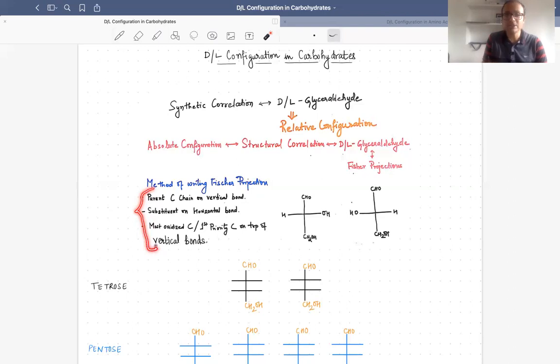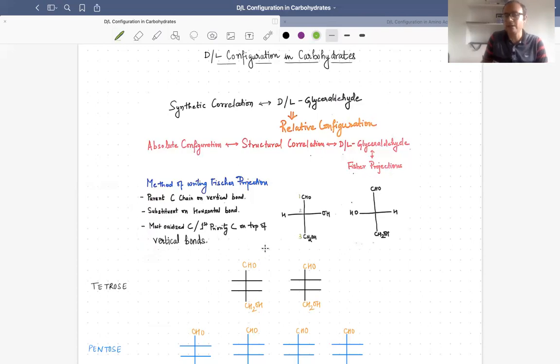Okay, so let's first understand the glyceraldehyde, and then we will apply it to higher monosaccharides. If we look at this particular figure, this is the Fischer projection for glyceraldehyde. The parent carbon chain, as you can see, if I number it, is 1, 2, and 3.